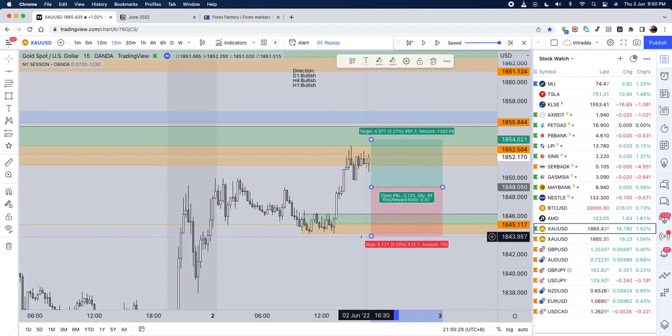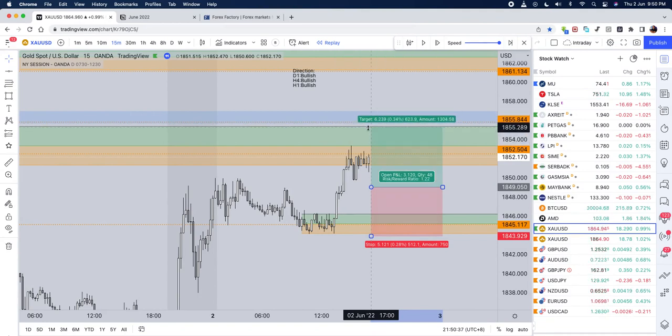I put my stop below the demand zone here, and I was targeting this SNR level over here on top of this zone. Okay, so this trade will give me 1.25 R, which is good enough.